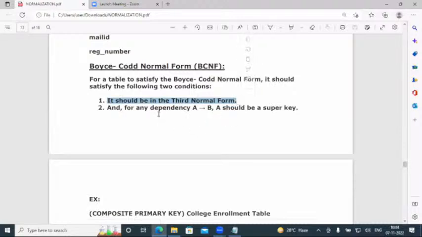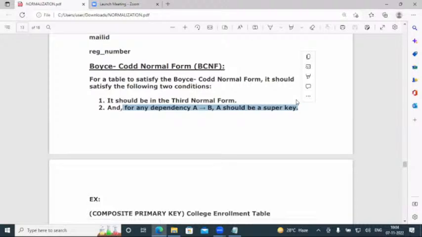The second one: for any dependency, if A depends on B, then A should be a super key. If B depends on A, then B should be a super key.